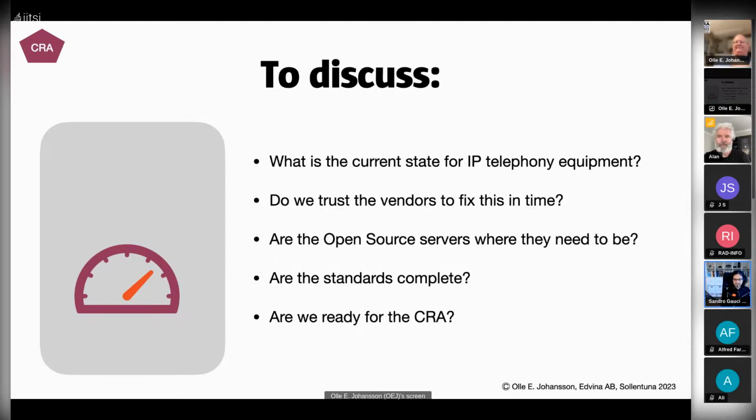It was a device coming from China, and it had the laundry list of all the vulnerabilities you could possibly have. In my opinion, it supports SIP, so it's an IP communications equipment.